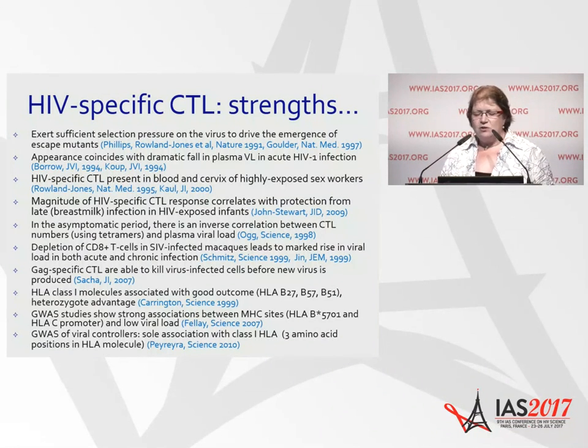And Grace John-Stewart showed that the magnitude of this T-cell response in uninfected exposed infants correlated with protection from late breast milk infection. Then when tetramers came as a method of identifying T-cells, Graham Ogg found that there was an inverse correlation between the numbers of T-cells and the plasma viral load.